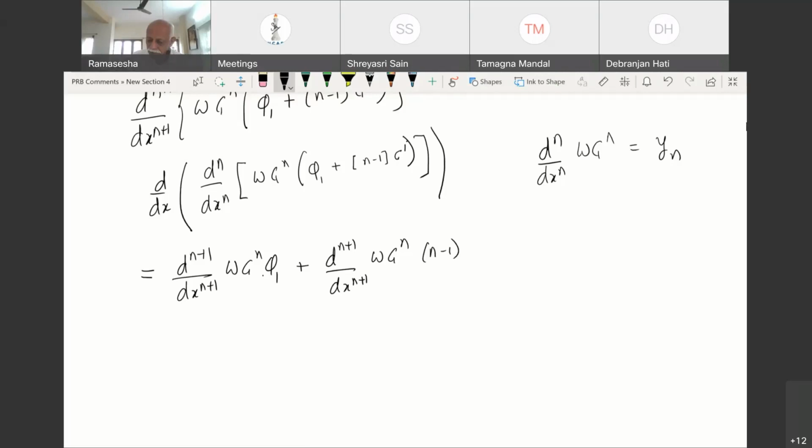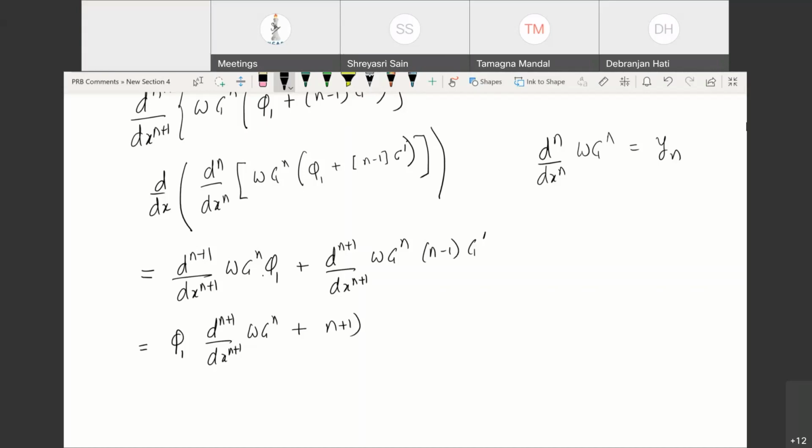So the first one will give p1 times d^(n+1) upon dx^(n+1) of w g^n plus (n+1) times p1 prime into d^n/dx^n of w g^n, correct?